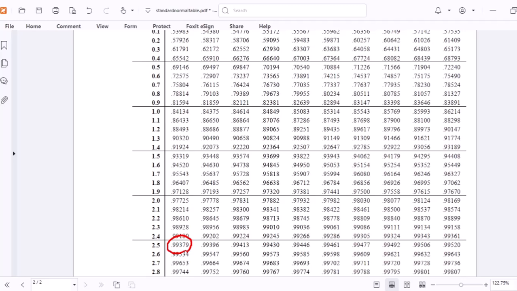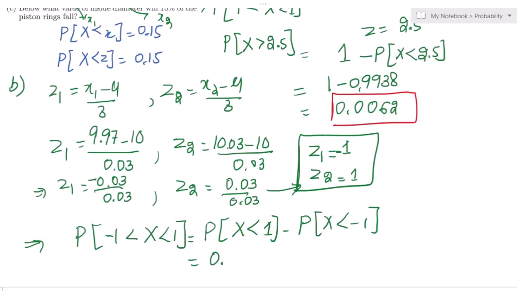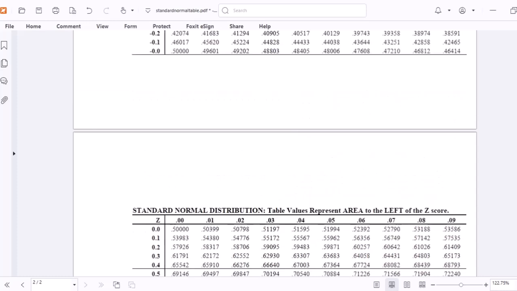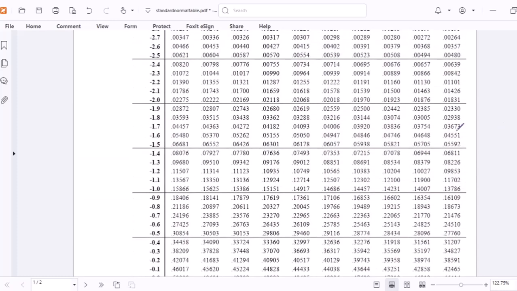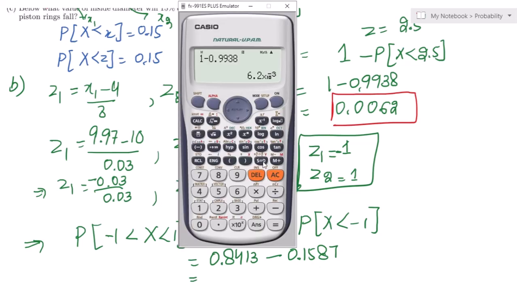The probability that z is less than 1 is 0.8413, minus the probability that z is less than -1, which is 0.1587.